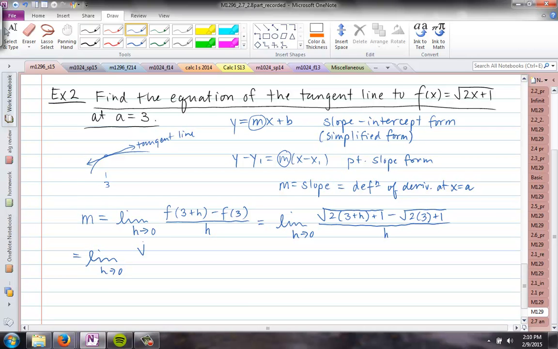So overall what we're going to have simplified inside that first root is going to be 2h plus 7. And then you can find the answer to 6 plus 1 is 7. Square root of 7, you want to leave that exact, so just leave it as square root of 7, don't approximate, all over h. So that's simplified.